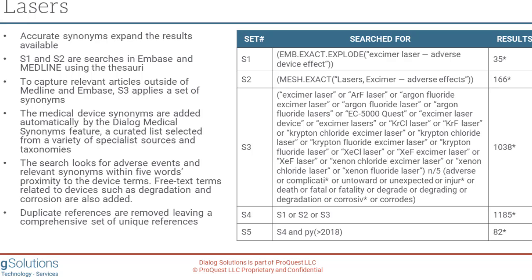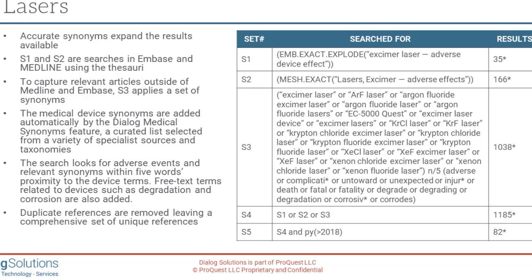And then we've combined the results of the search, and in this case, just to keep it simple, I put a date range in, everything published since 2018. So it's a comprehensive search, it's making use of the thesaurus, but it's also keeping in mind that some databases do not have thesauri, or it's not appropriate to use their thesauri.